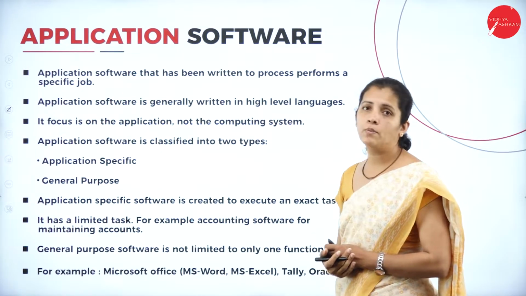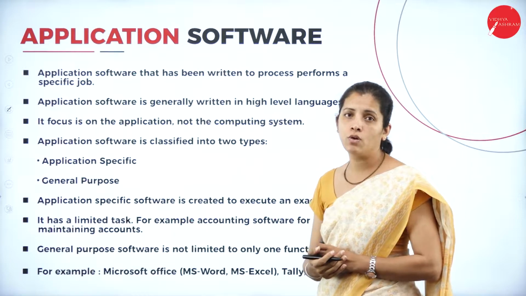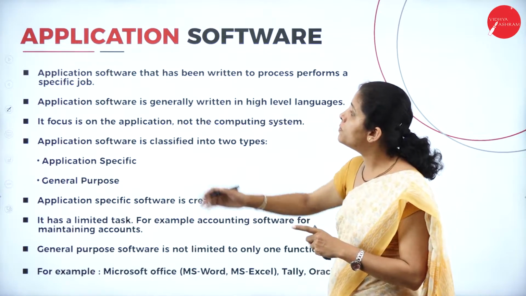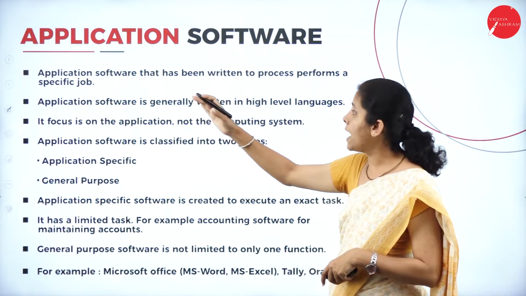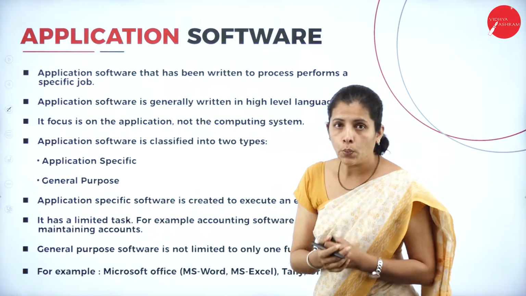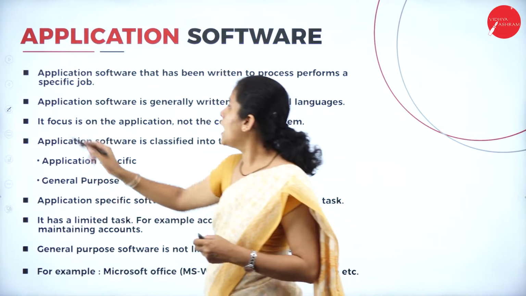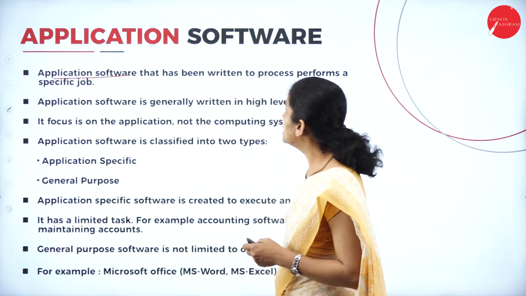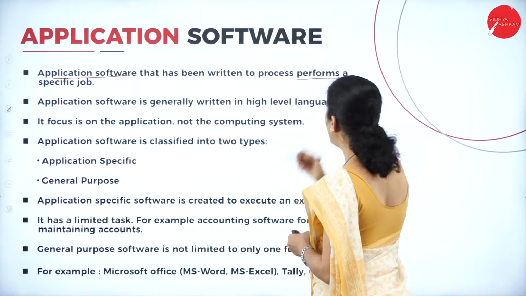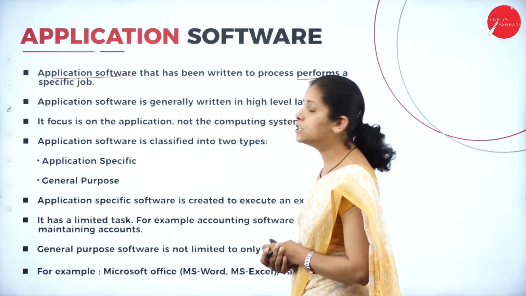Moving further, I'm going to have the application software. So dear student, once again it is also a computer program, but it is designed based on the user request. Application software has been written to perform a specific job.